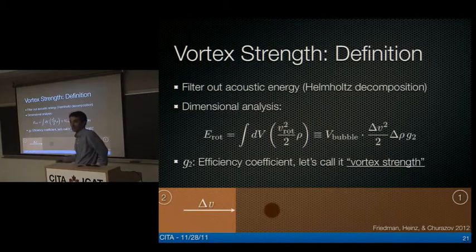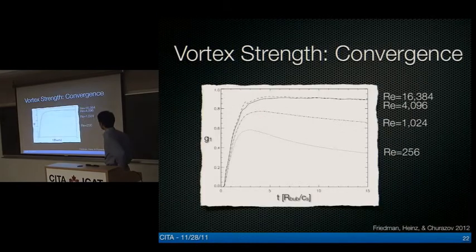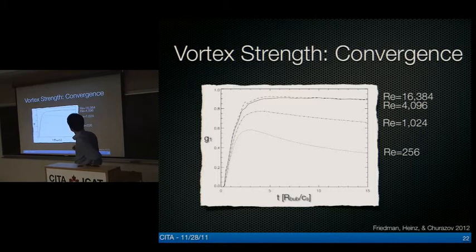That's about as much energy as you can hope to get from the process. So here is a resolution study that shows you the result for one of these G factors. Now measured in the downstream, you can measure them upstream, it doesn't really matter. The only difference is that there's a density factor which changes as you cross the shock.